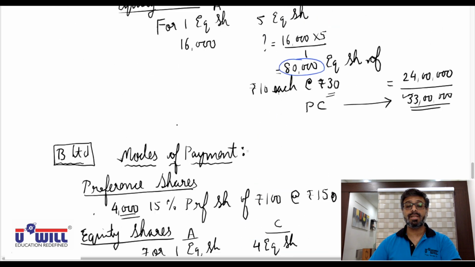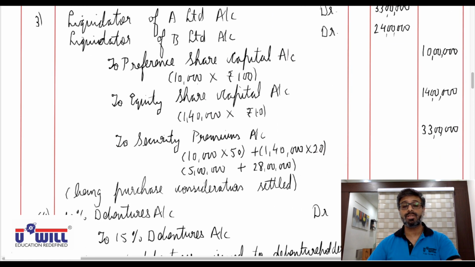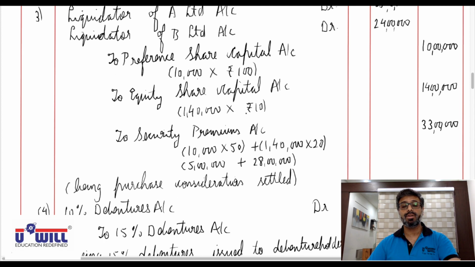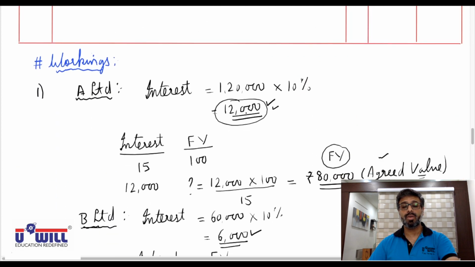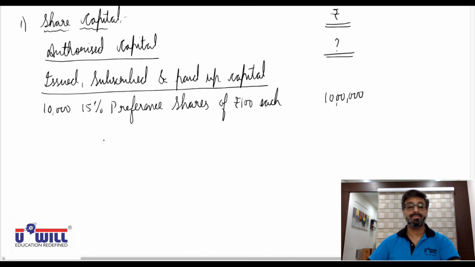Then from the same journal entry 3, all of you can get the equity shares also. 1,40,000 equity shares of rupees 10 each, that is 14 lakhs.